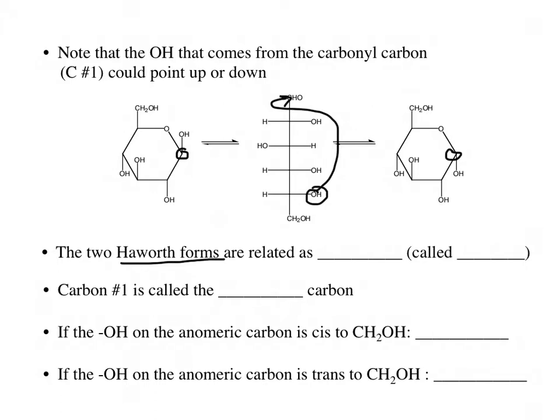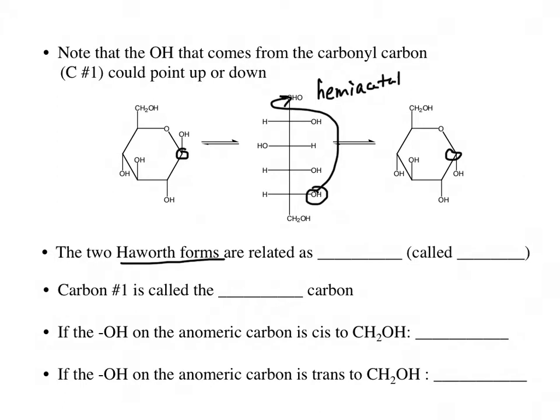We had OHs, alcohols, attacking ketones or aldehydes, and it was forming hemiacetals. And that's exactly what you're doing here. So the product of that closure is an OH, and when it closes, it could be up or down, depending on if the attack was from the top or from the bottom.